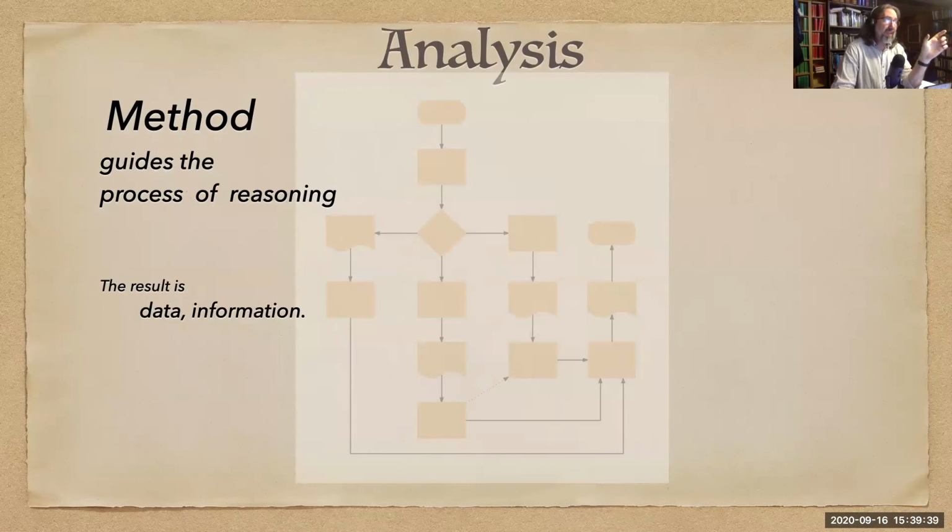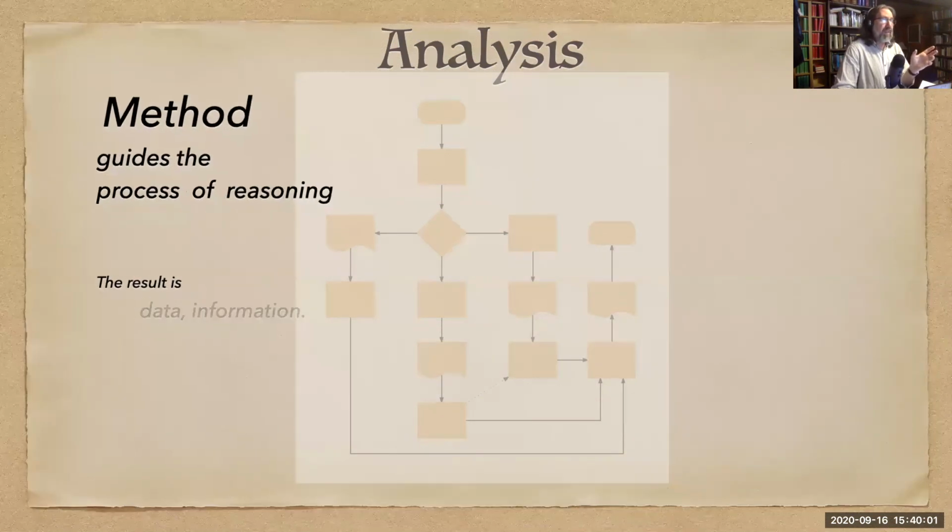So in analysis, you're going to find your rhetorical devices by using your method. That's what the method does. The method shows you the rhetorical devices. Now, if you remember when we were looking at this slide in an earlier presentation, we said, hey, look, the result of the method is that you're going to get data, you're going to get information, but that can be a little misleading.